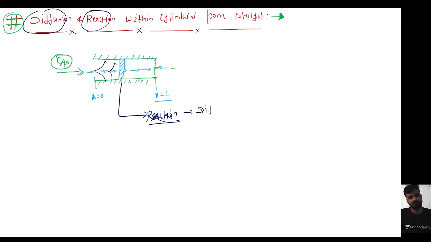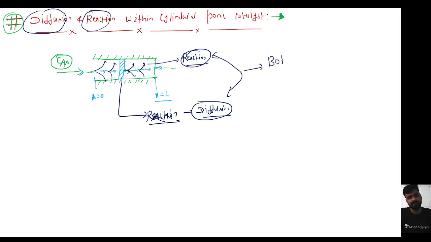It is diffusion. Okay, when the reactant will be entering, and here you can see there is a reaction. So in the pore, both these two will be occurring simultaneously. Okay, so my dear friend, both diffusion and reaction take place simultaneously. It's very important to understand. Okay, both take place simultaneously.